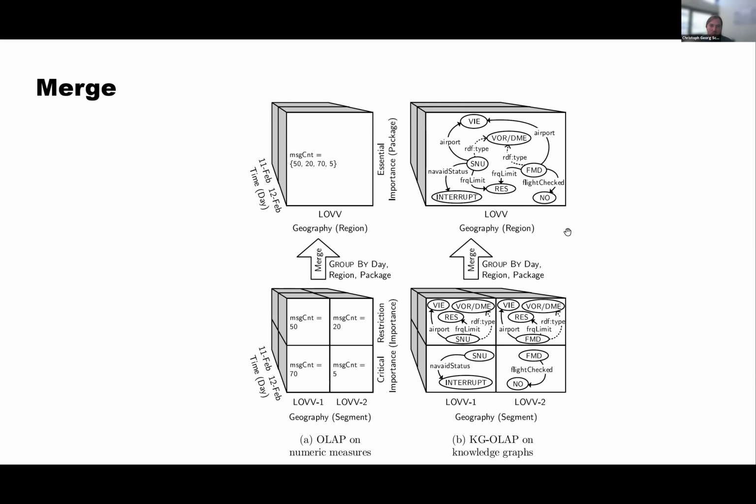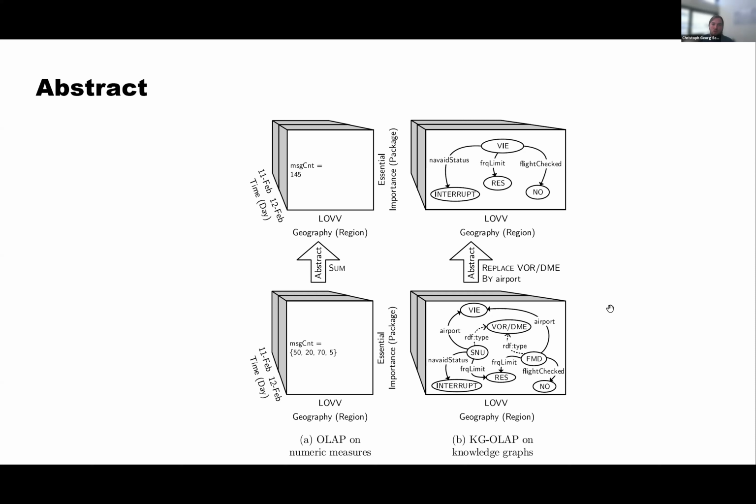Then, after we've performed this merge, we can perform an abstraction. In traditional OLAP with numeric measures, we would apply some numeric aggregation function like the sum operator to obtain from a set of numeric values a single result value.